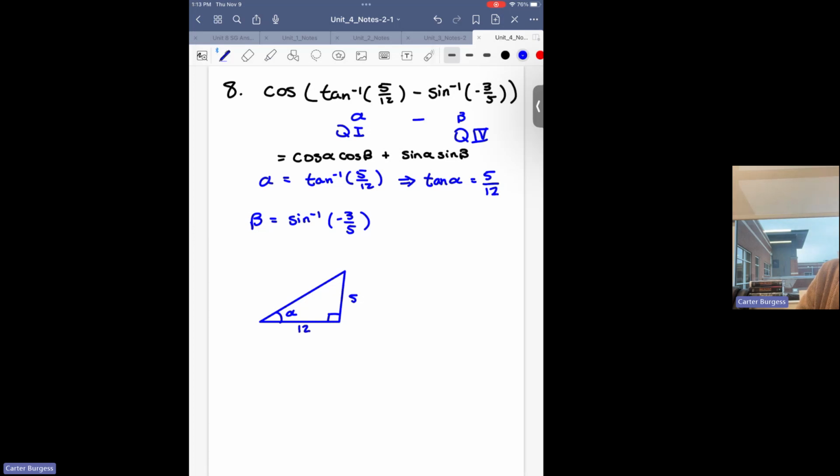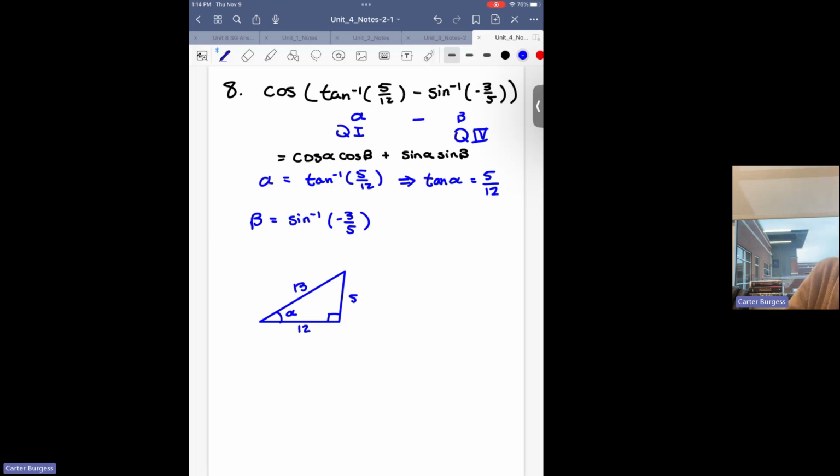What is my hypotenuse going to be? 13. If I didn't know that off the top of my head, what could I have done? Pythagorean theorem, 5 squared plus 12 squared is equal to 13 squared. All right.